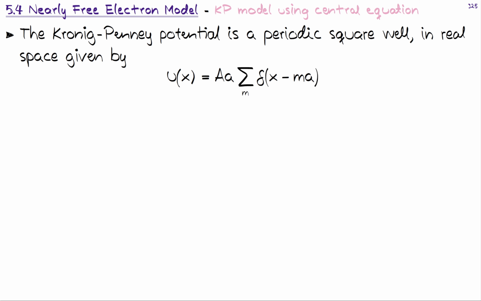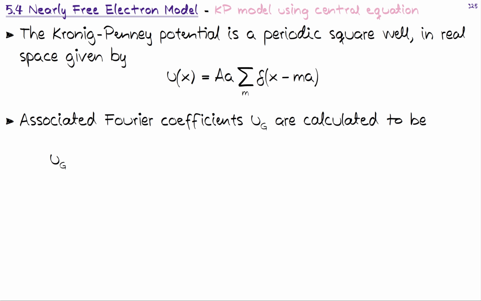Now we must calculate the Fourier coefficients associated with this specific type of potential barrier, and they can be calculated via the definition. We can calculate all of these Fourier coefficients using the integral of 1 over a, the periodicity in our system.